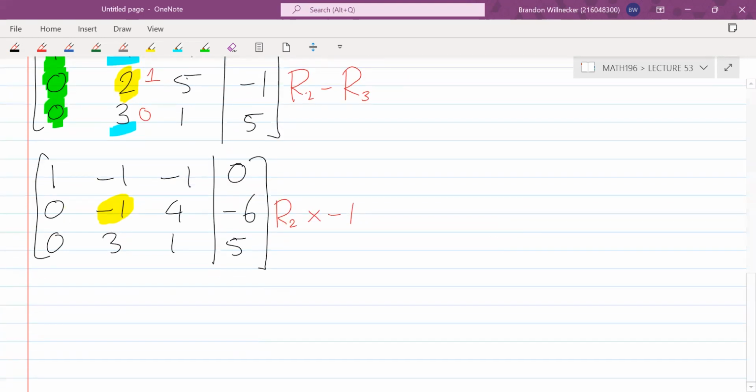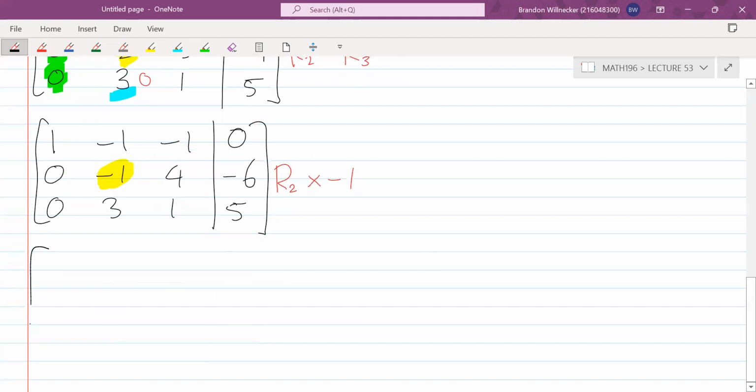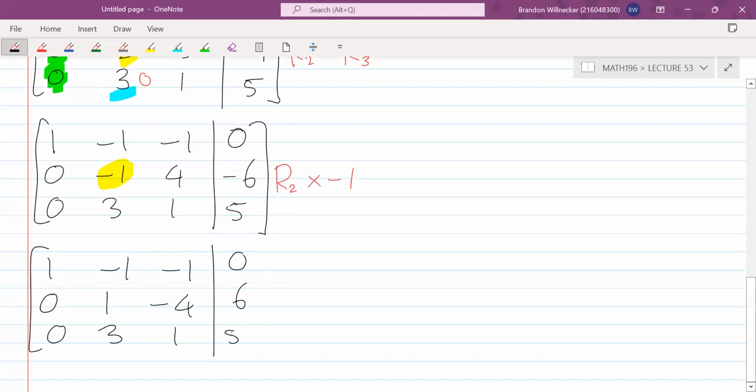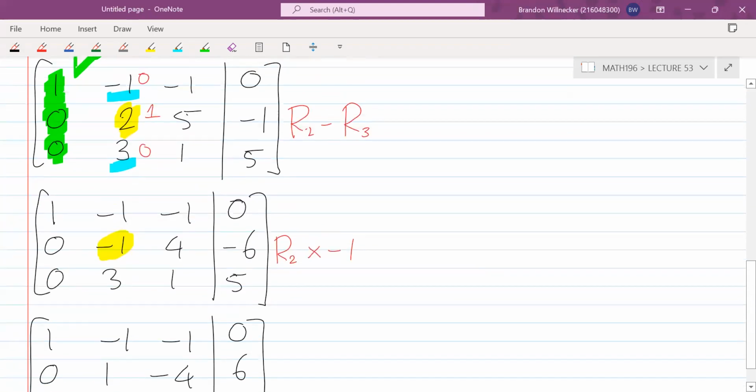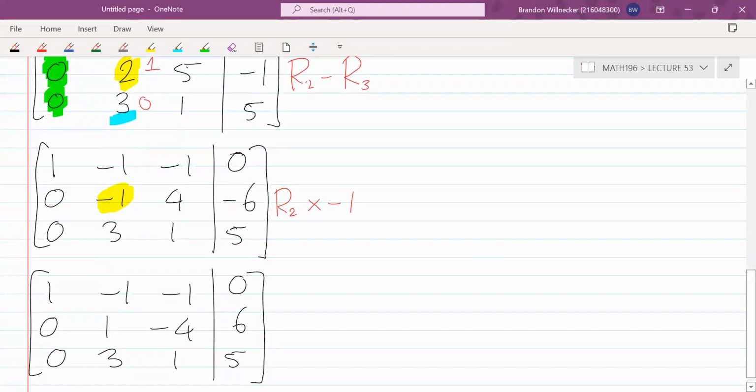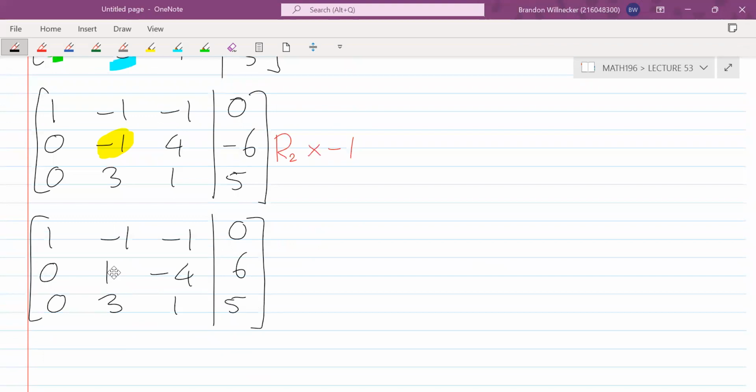Okay, so let's multiply by -1. So we get 1, -1, -1, 0, 0, 1, -4, and 6, and then 0, 3, 1, and 5. Okay, so a bit of an extra step there, but now we've got the 1, which is what we needed.